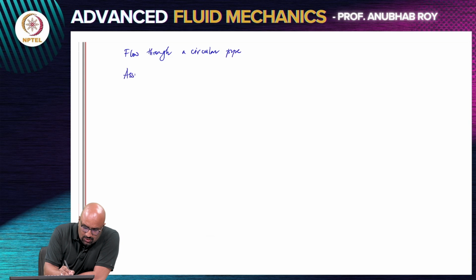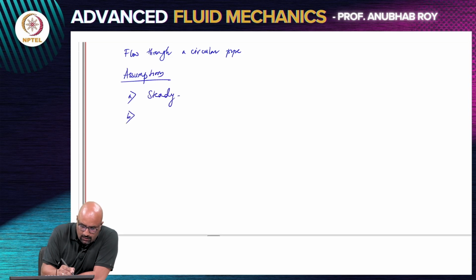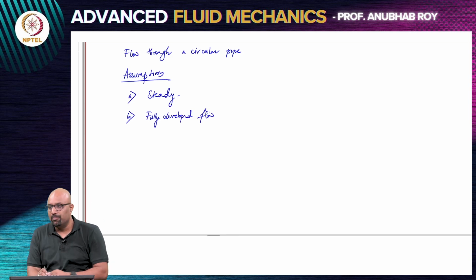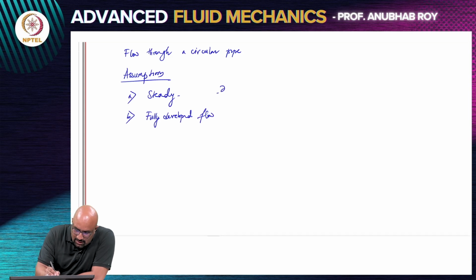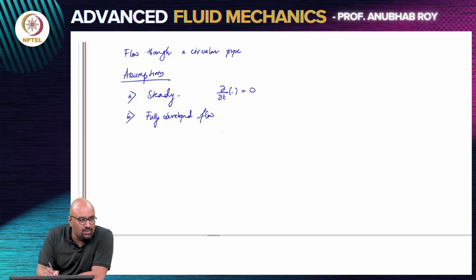So, what are the assumptions that we are making? The assumptions are that we are dealing with a steady flow and fully developed flow. Steady obviously means that time derivative of all flow quantities are going to be 0.